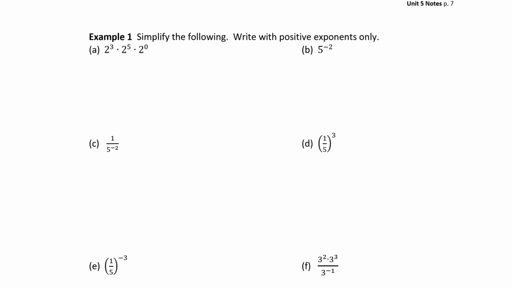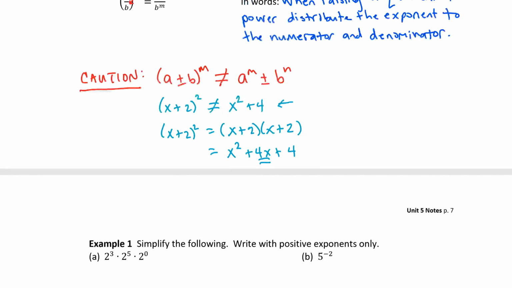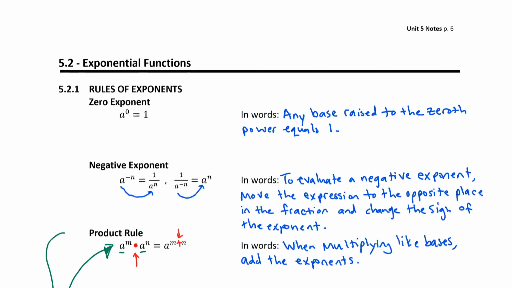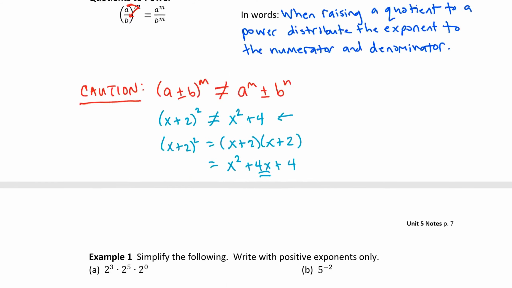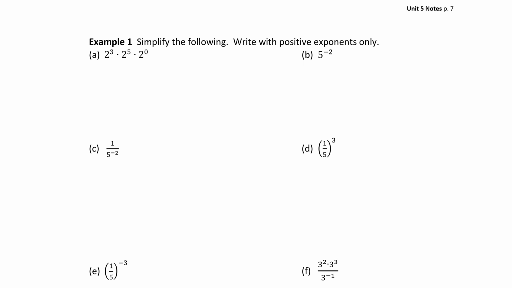The rule that we looked at only had two factors or two bases. We had a to the m times a to the n, and we added the exponents there. But that rule can be generalized to any number of factors in the product. So here we're multiplying like bases. We're going to add all of the exponents, and we end up with 2 to the 8th power.